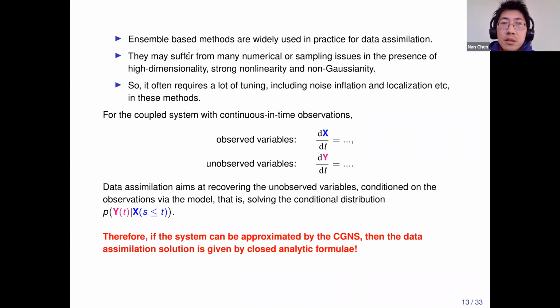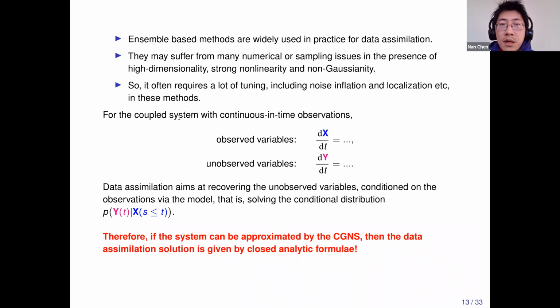But the issue is that ensemble-based methods have numerical or sampling problems, especially in high-dimensional space and in the presence of strong nonlinear non-Gaussian features. Typically, people incorporate a lot of ad hoc tunings, say noise inflation or localization, and many others. But those things are very empirical. You will never know when they will work or when they won't.